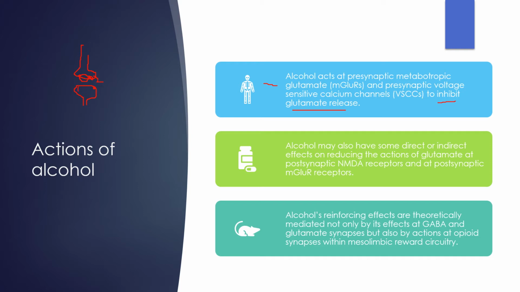There is also an NMDA receptor here, and there are also postsynaptic metabotropic glutamate receptors here. So alcohol also has direct or indirect effects on reducing the actions of glutamate at postsynaptic NMDA receptors and at postsynaptic metabotropic glutamate receptors.